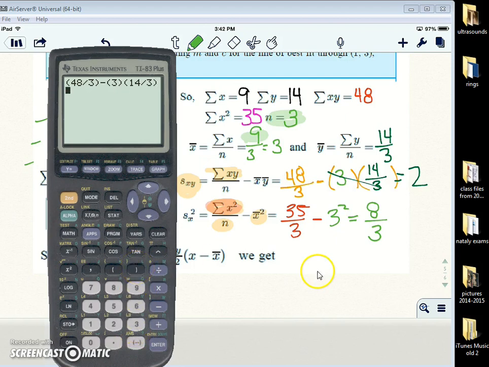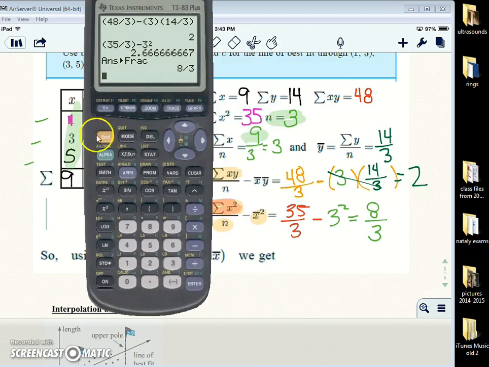And I am just putting this in, and you get 2. Okay, let's try the next one. 35, you can never have too many parentheses. You can under parentheses, okay, and I probably didn't need one there, but that's okay, minus 3 squared, and I get a decimal, but I wanted it as 8/3, so you go math, frac, and there's our 8/3. So you can do it by hand or in the calculator, okay, with any of this.